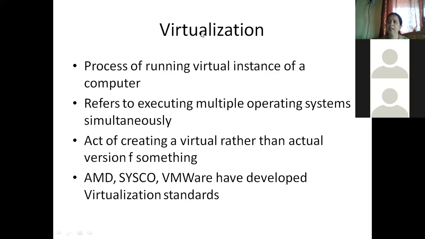We have learned in the last class that virtualization is the process of executing a virtual instance of something on a computer. Virtual means not real, but it simulates reality, so you start feeling that you have actually accessed that resource on your own computer. Whenever we do virtualization, we are creating a virtual instance of a computer.